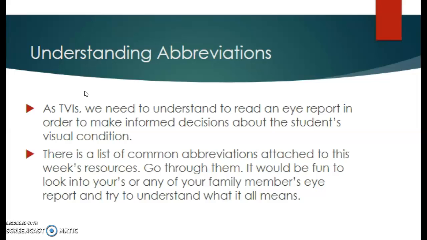Go through them. It would be fun to look into yours or any of your family members' eye report and try to understand what it all means. That would be a fun activity to just see whether you understand what's going on with your eye or one of your family members' eye. Whatever it is, it would be fun to just go through those abbreviations and understand.